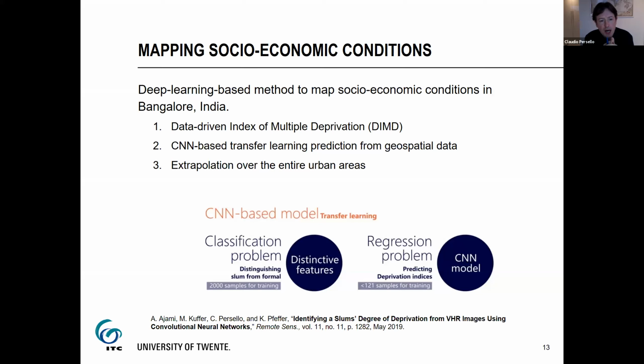So we will see how we adopted a transfer learning model to try to tackle this problem. And finally, the third step that we applied is the extrapolation of the model to predict the socioeconomic variability over the entire urban area of Bangalore.